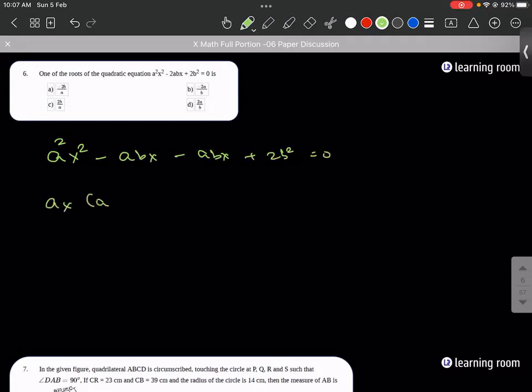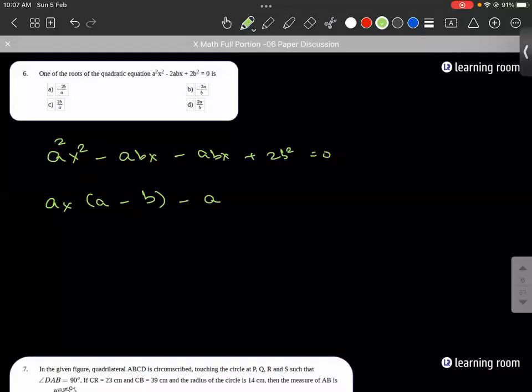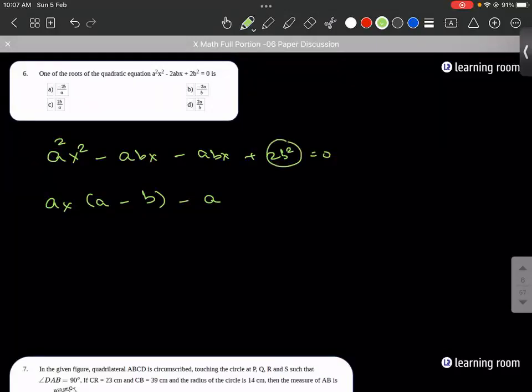So ax into a minus b minus, how will I get this 2b square? Ax minus 2ab.